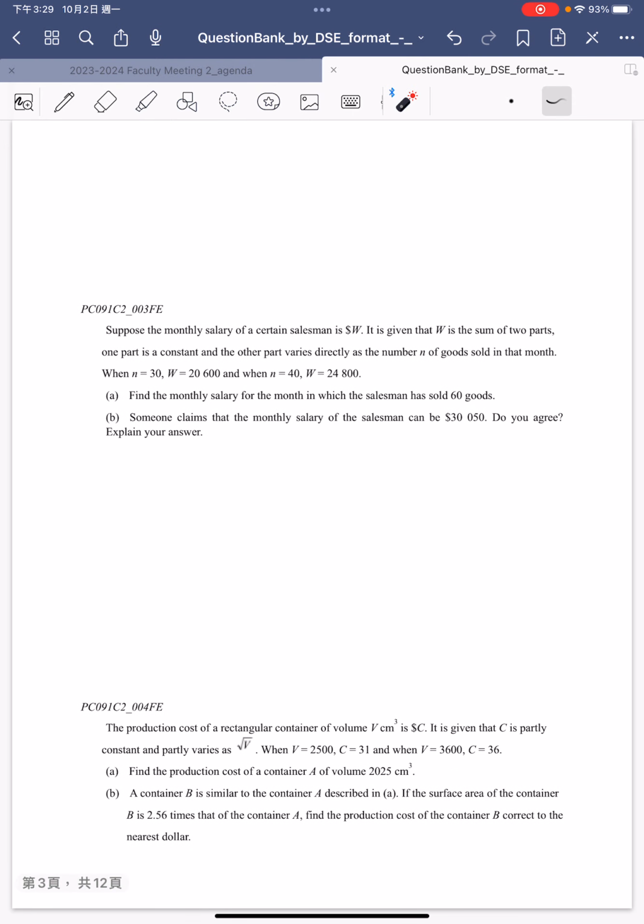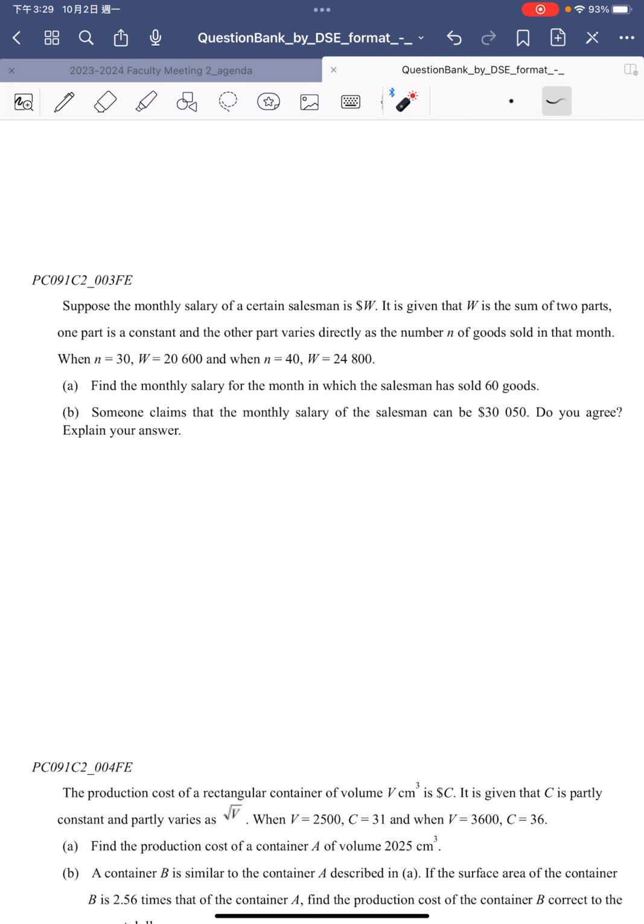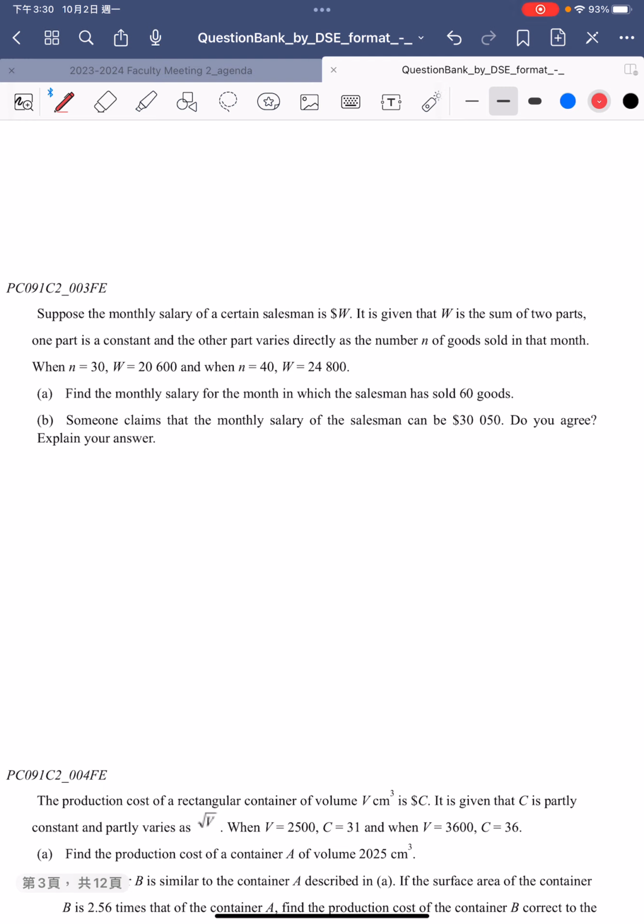We have question 3. Question 3 says suppose the monthly salary, which is W, the first variable, is the sum of two parts. So we can write W is equal to something plus something. One part is a constant, and the other part varies directly as the number n.